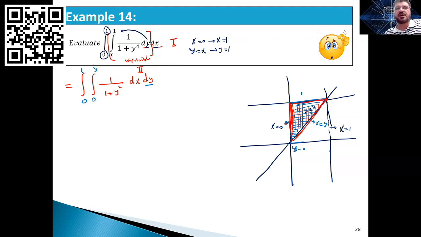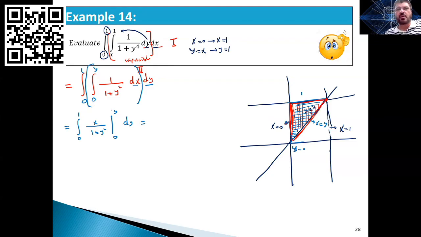Now we close inside and we integrate, from 0 to 1. Now this is all constant. What's the integration of dx? It's x. So we have x over 1 plus y squared; we don't touch 1 over 1 plus y squared, it's constant, from 0 to y, dy.